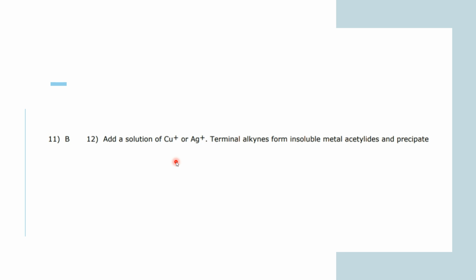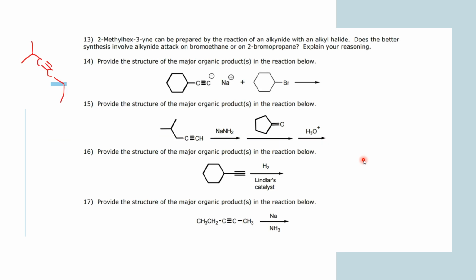Okay, what happens when you treat with metal ions, you get metal acetylenes which precipitate in the solutions, but internal alkynes do not contain such a strong acidic proton, and hence they cannot react with metal solutions to give you metal acetylenes.